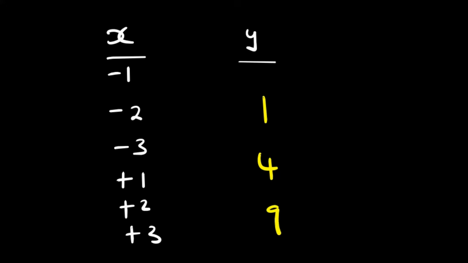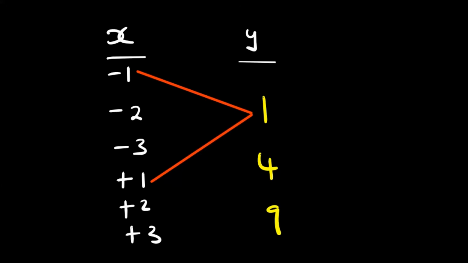Which numbers, when we square them, are going to give us a 1? When we square -1, it is going to give us that 1 here. When we square also the +1, it will also give me the 1 there.